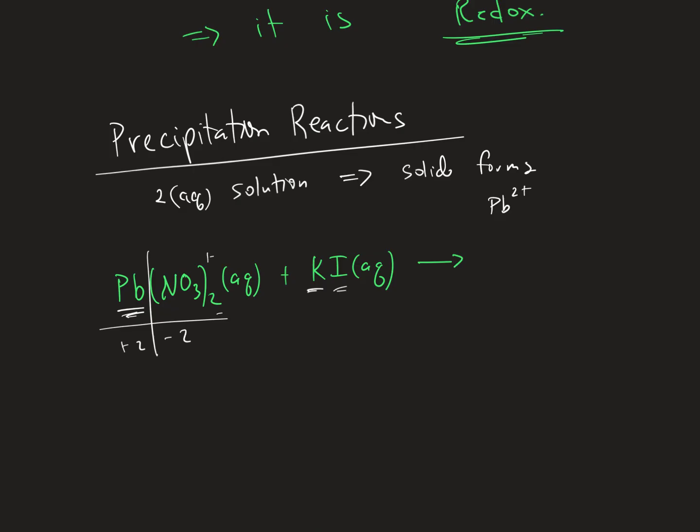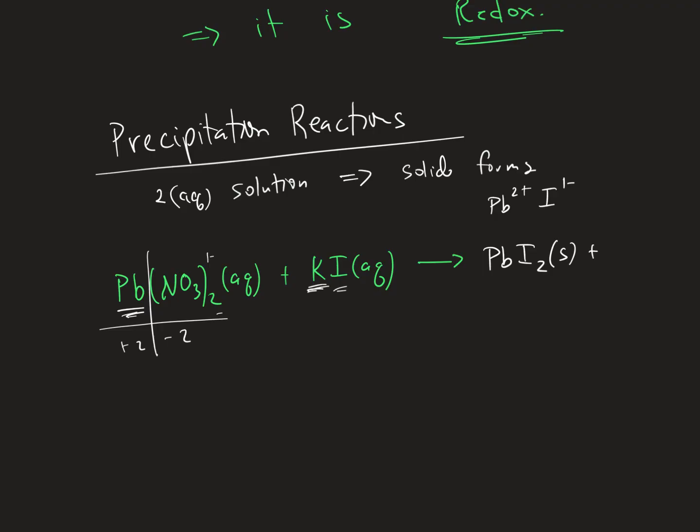The cation has to hook up with the anion, right? So what's the charge of iodine? Look on your periodic table. 1 minus. You with me? Then we cross these charges and simplify and we get PbI2. And it turns out that's a solid. That's the solid that it forms.